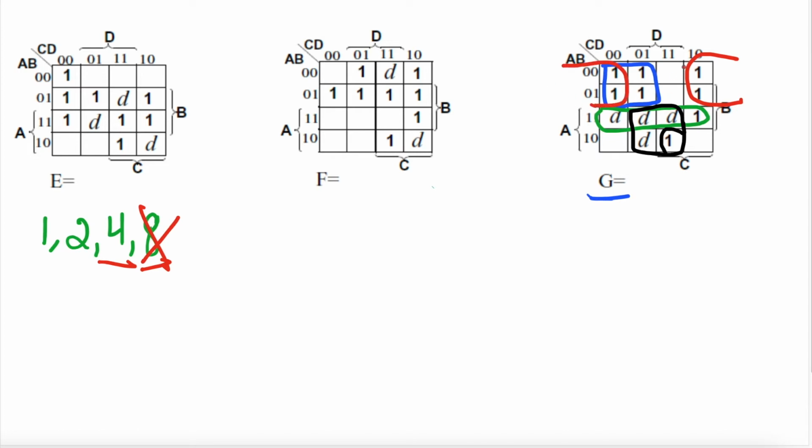And if you're wondering why we're able to circle this one and this one, it's because they're on the same row. If they're on the same row, we can circle it, or if they're on the same column, we can circle it. So for example, if there's a 1 here and a 1 here, we can circle it like this, only if they're on the same row or the same column, if they're not corner pieces, okay?